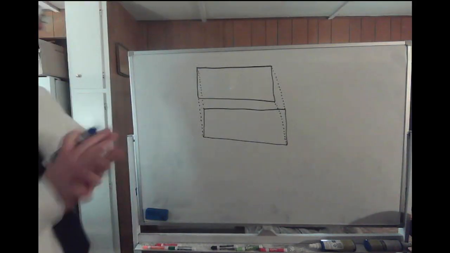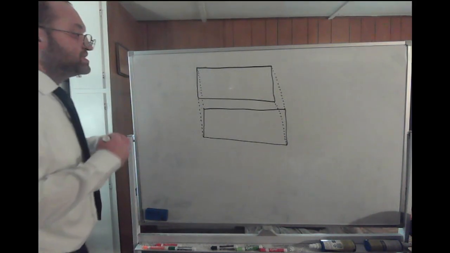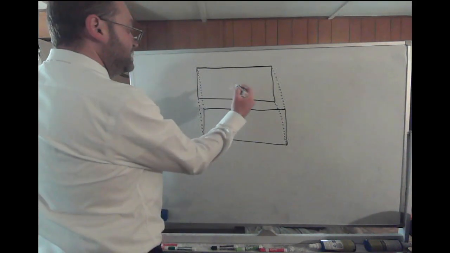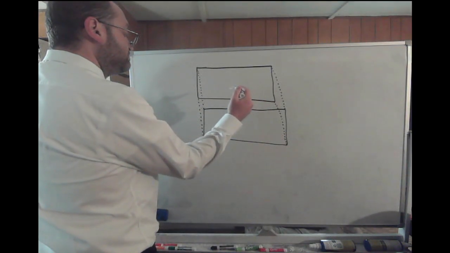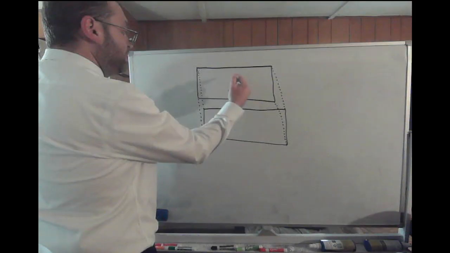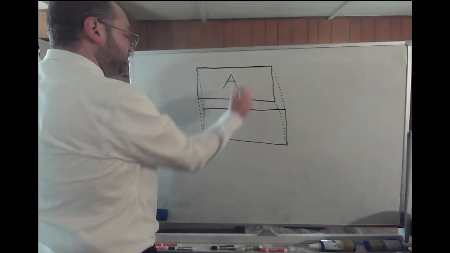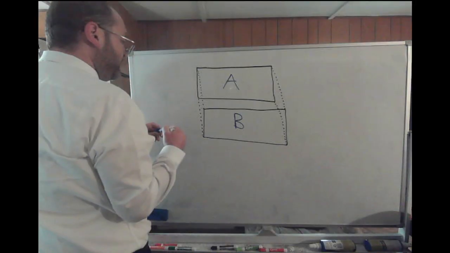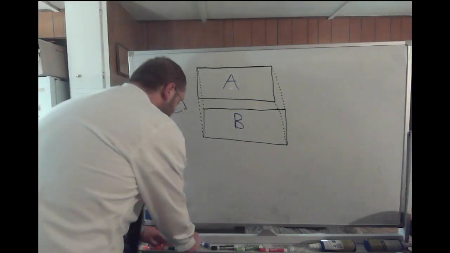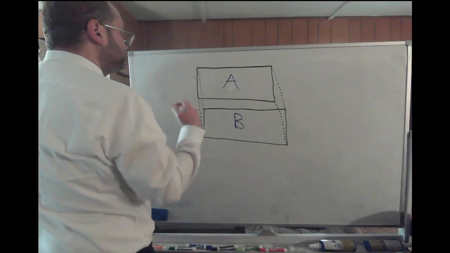Well, let's see now. How do I want to set this up? This whole top portion, now we'll make that plane A. This one here will be plane B. Alright. Let's name off some points.